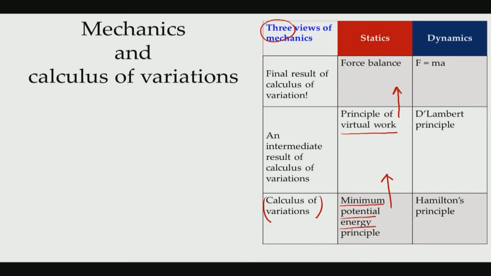So, if you start from minimum potential energy principle, you can get what we call weak form of the differential equation, or force balance, which we call strong form of the differential equation.